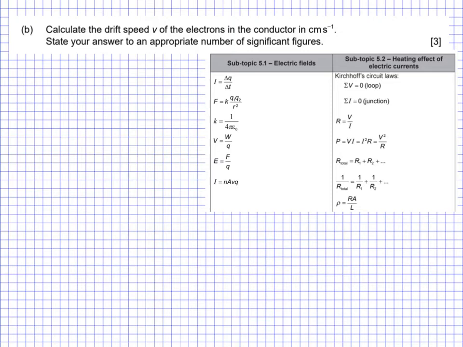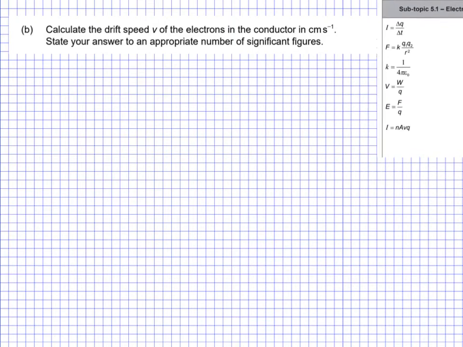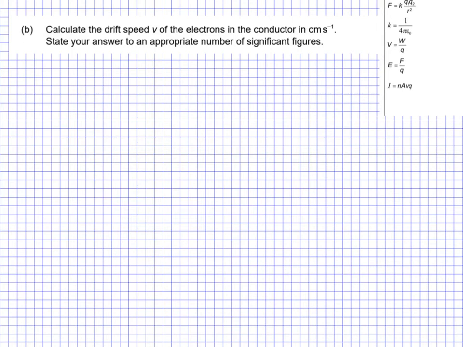So what we're really solving for here is v. So I need to take my equation, which is current is number of charges per unit volume multiplied by the surface area multiplied by the velocity multiplied by the charge.